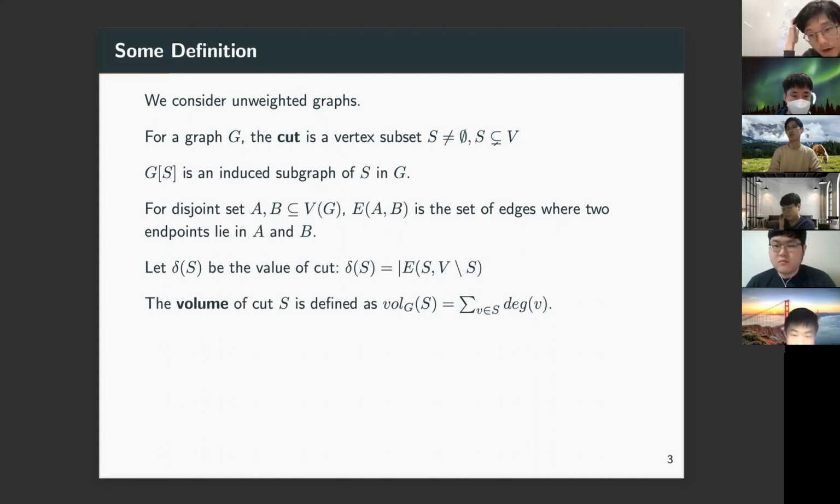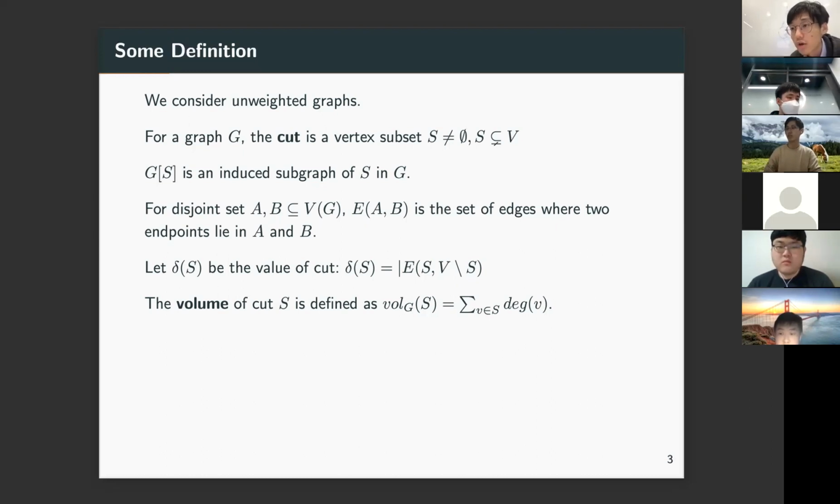The volume of the cut is defined as the sum of the degrees of the vertices in the subset. We define the volume because we want to do the recursion, since decomposing a large graph with vertices of large degrees is different from decomposing a graph with small degrees.